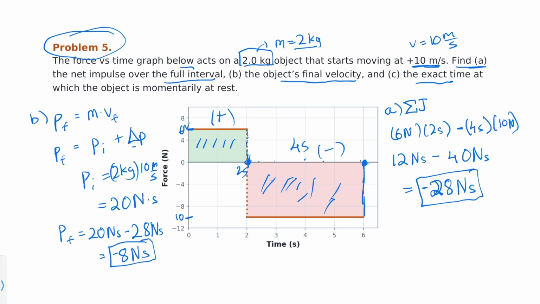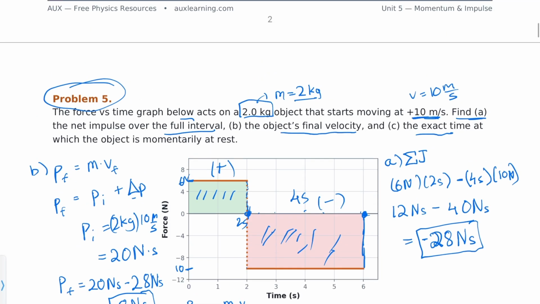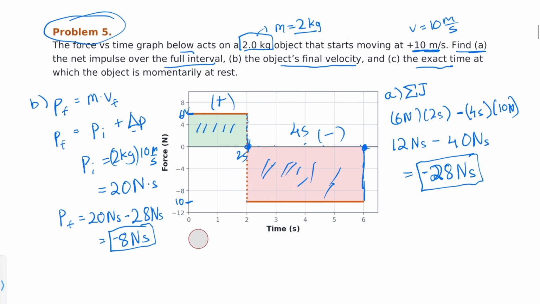So that's our final momentum. So we know that P final is equal to M times V final. Then negative 8 newton seconds is equal to mass, which is 2 kgs, times velocity final. And velocity final is equal to negative 8 divided by 2, or negative 4 meters per second. Okay, and that's how we find the velocity final.